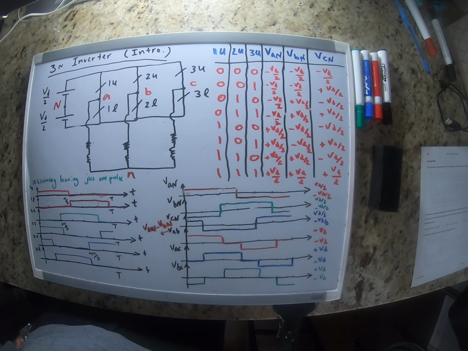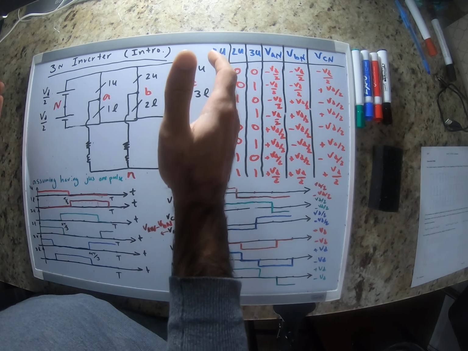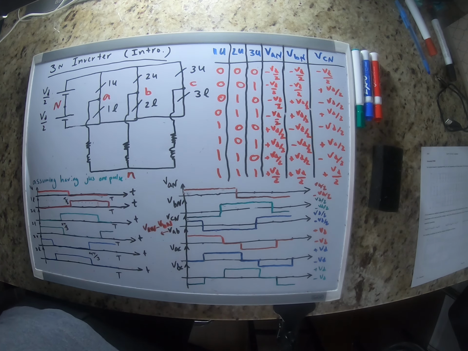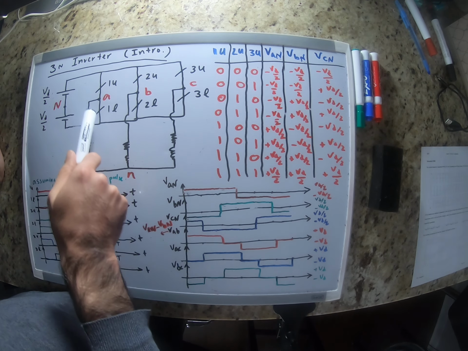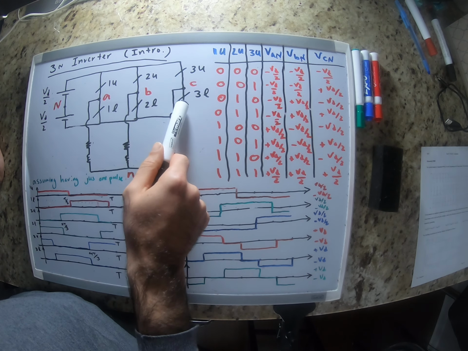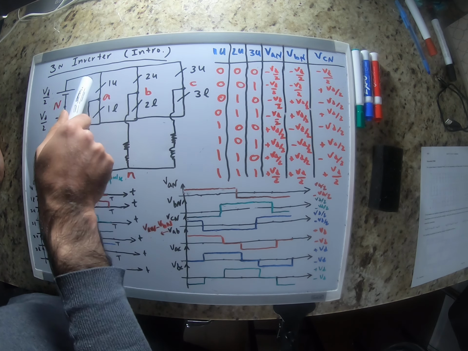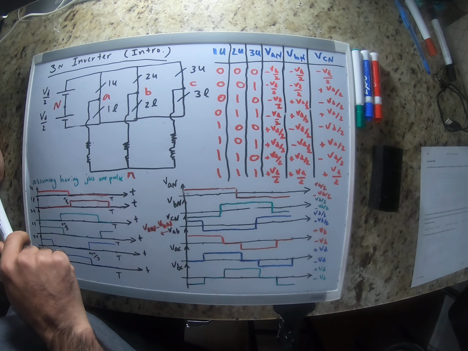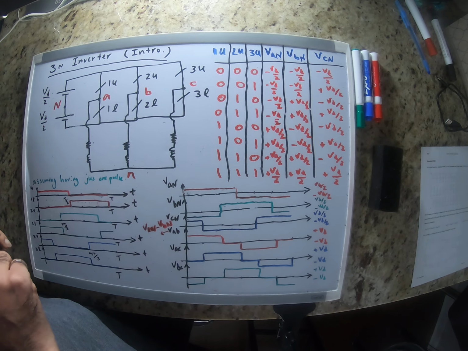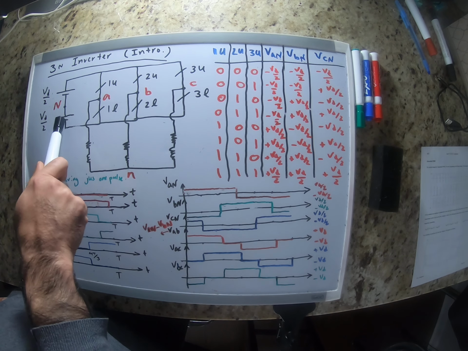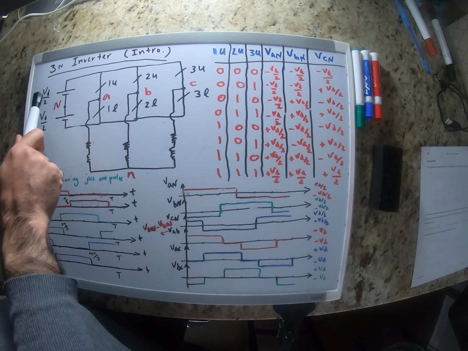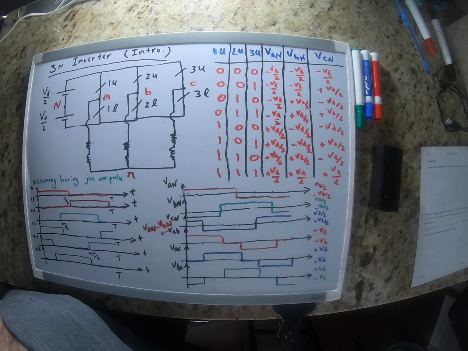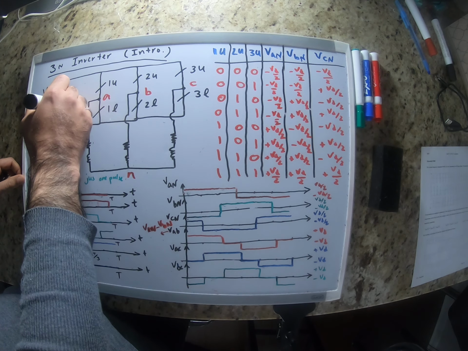So this is basically the schematic of a three-phase inverter. Instead of the switches, I use these symbols. You would have switches here, either MOSFETs or IGBTs. We have two DC voltage sources, both of them have the same voltage, VD divided by 2. This is the neutral point.